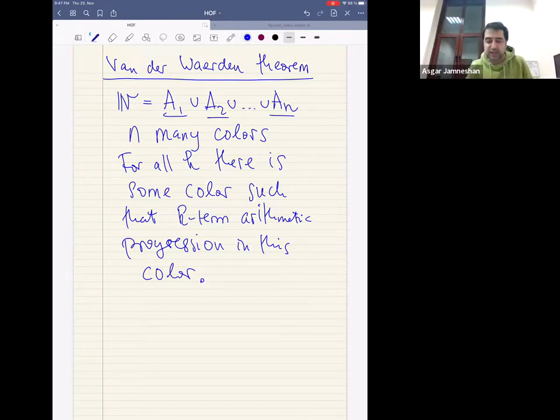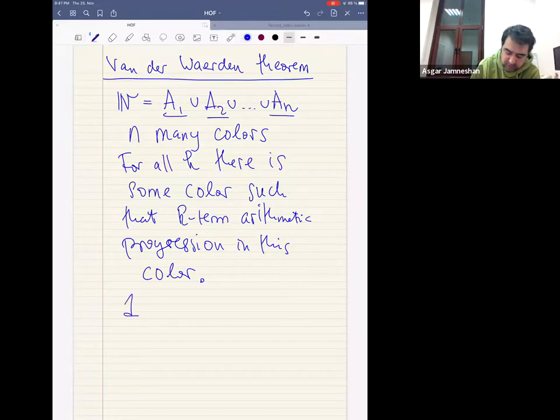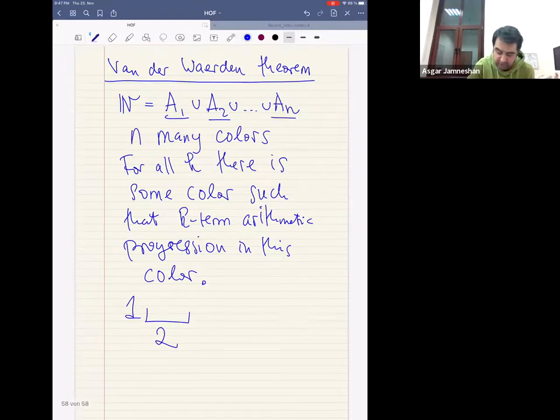But you could ask, okay, fair enough, I cannot split, but there are subsets where I can avoid 3-term progressions. For example, if I would do the following: you take the first number, say 1, and then you take a gap of 2. So this is 2 and 3, and then you take 4.